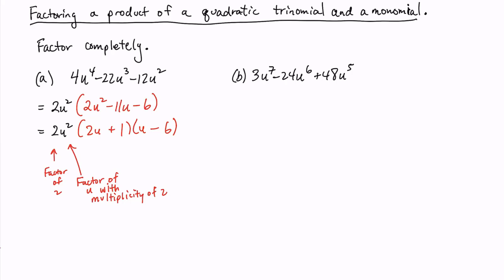A factor of u with multiplicity of 2. Where's another factor? Another factor is 2u plus 1. And then another factor is u minus 6.